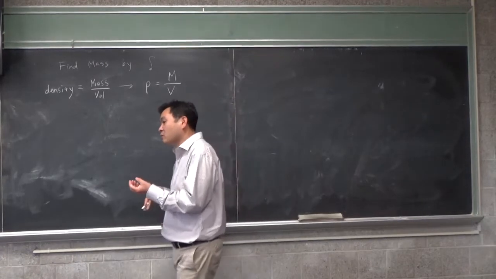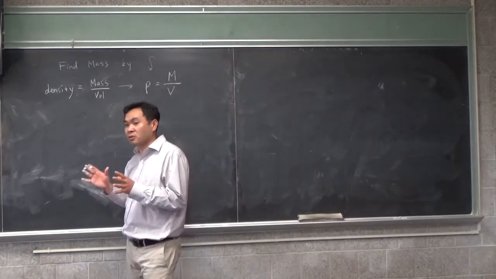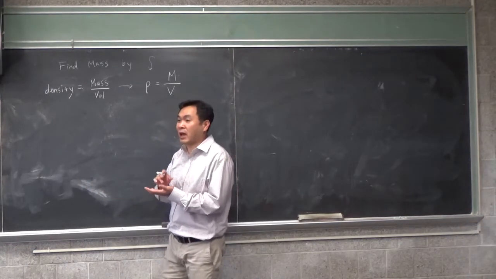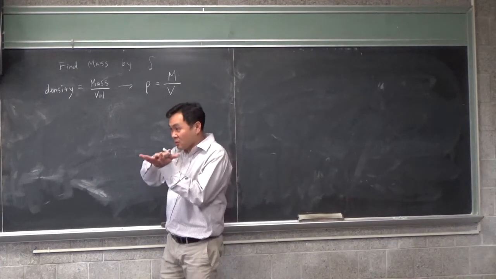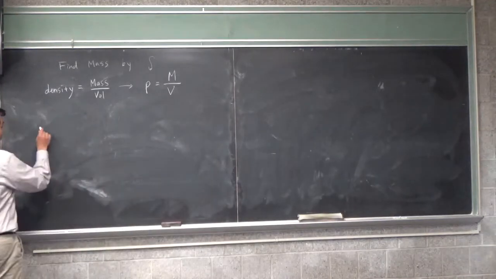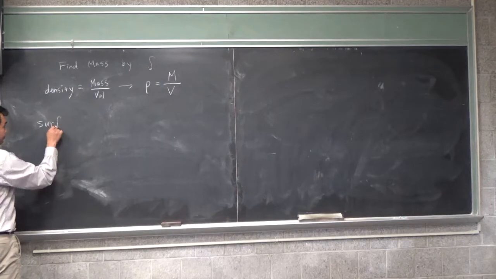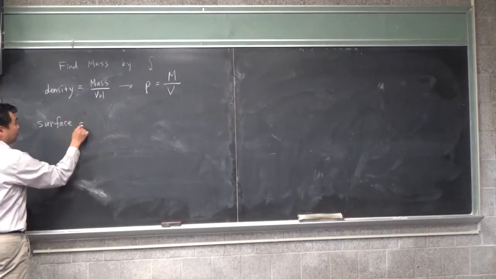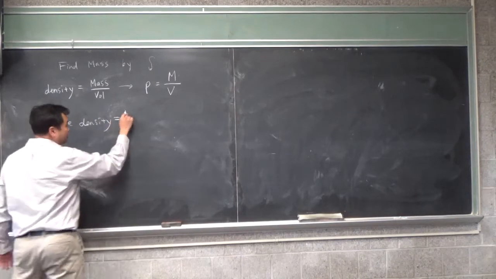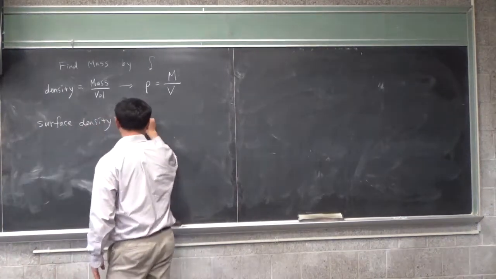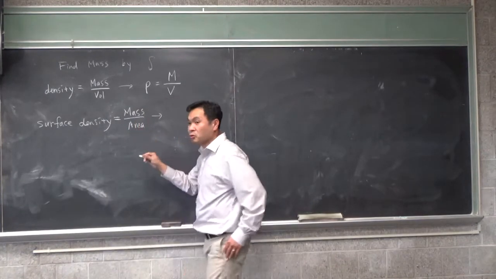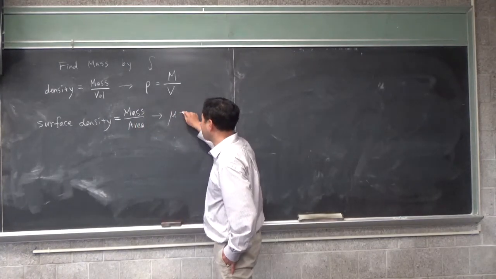And rather than talking about mass per volume, it makes more sense to talk about mass per area, because it's flat everywhere. So that has a name, that's called the surface density, which is mass divided by area. And people use mu for surface density.